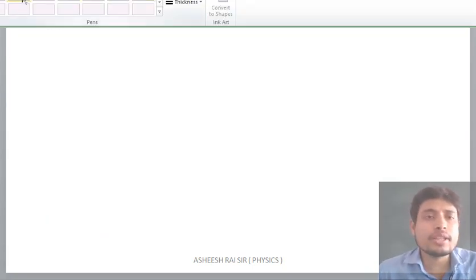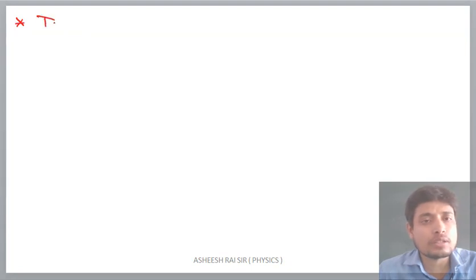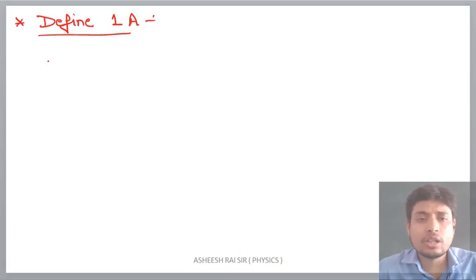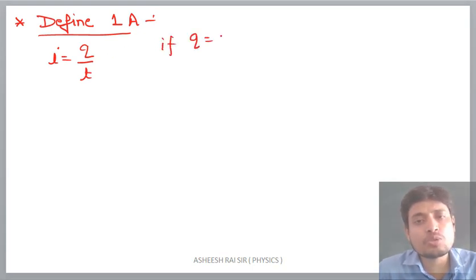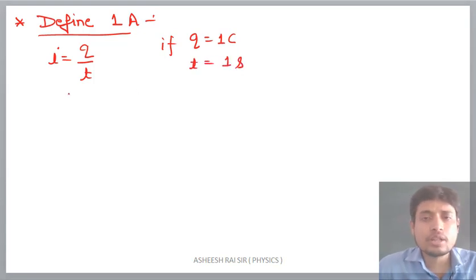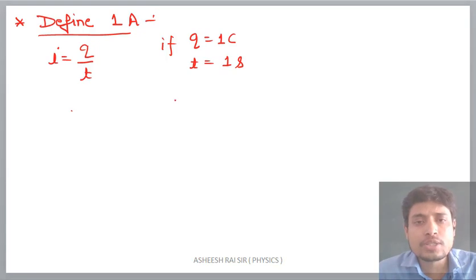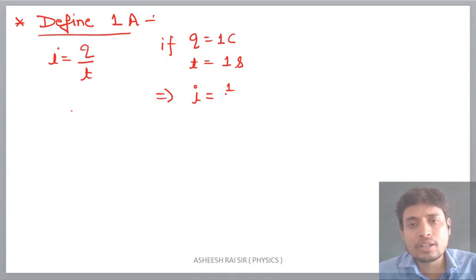Now, the question is, define 1 ampere. You can make this definition by the formula I is equal to Q upon T. If Q is equal to 1 coulomb and T is equal to 1 second, means if 1 coulomb of charge is flowing through a conductor in 1 second, then 1 upon 1 is equal to 1 ampere.